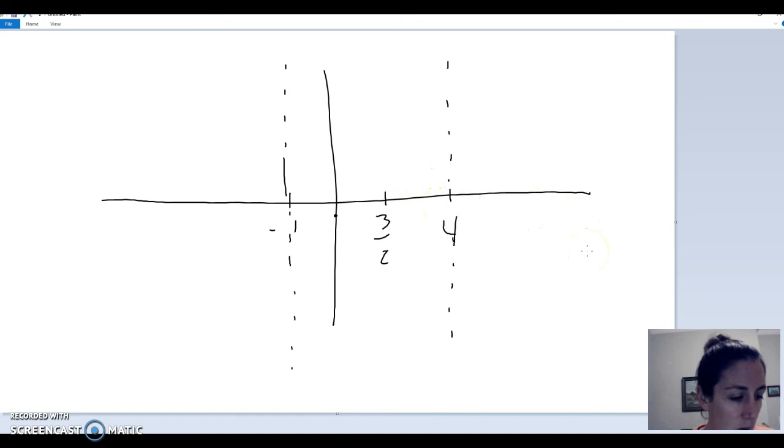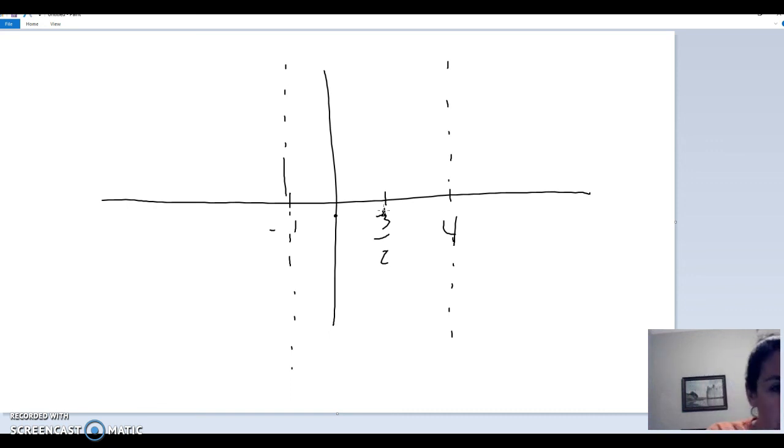We do have that local maximum at 3/2, negative 4/25, so that's going to be about here, right about there, kind of messy there. And we're concave up from negative infinity to negative 1 and 4 to infinity, and we're concave down from negative 1 to 4. So that should be enough for us.